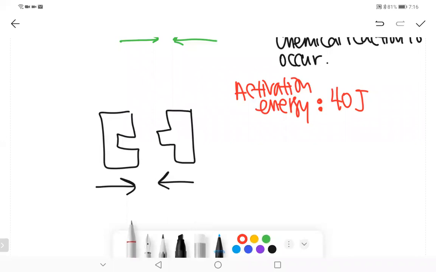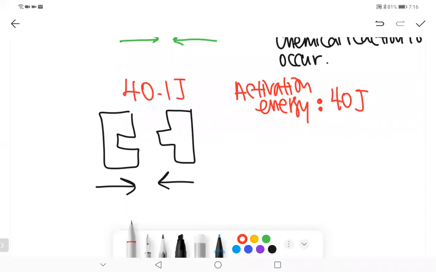So what about this? They collide now and then they get 40.1 joule. Can they react now? Good.